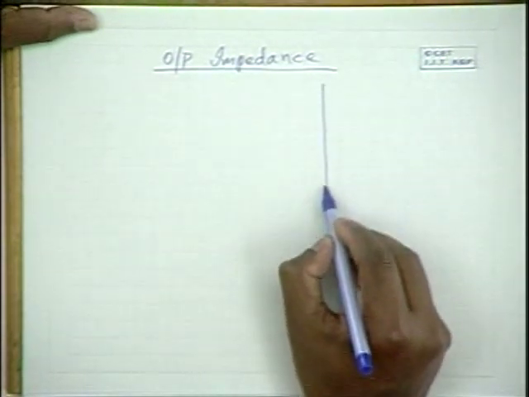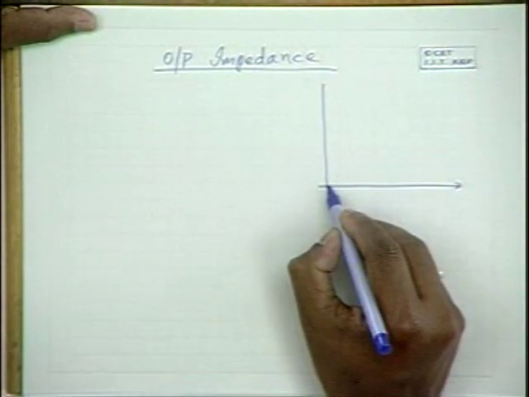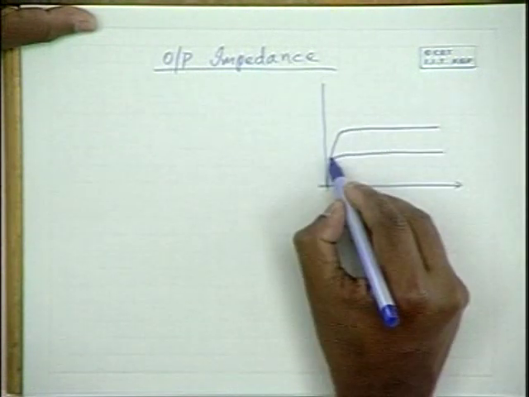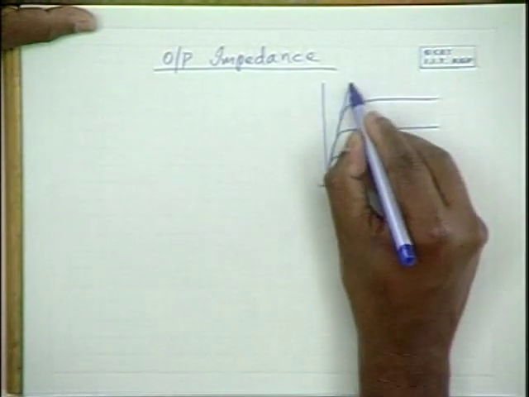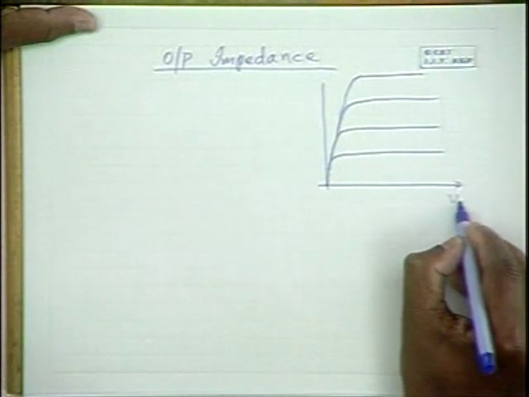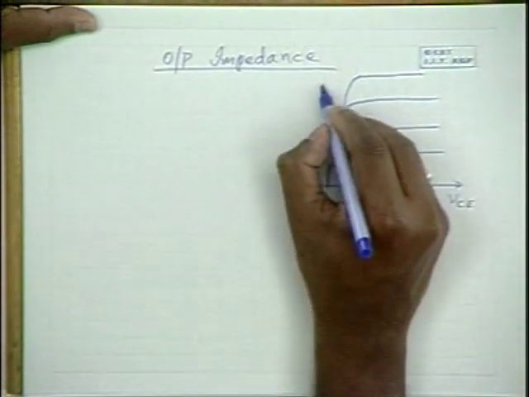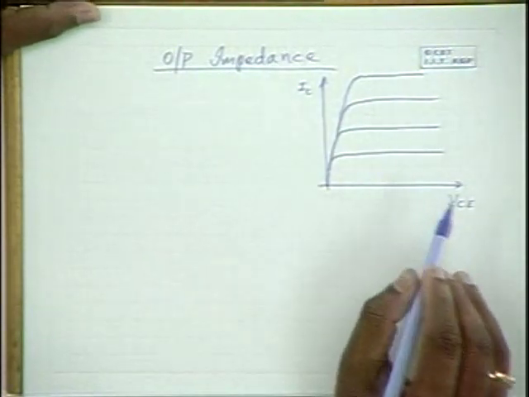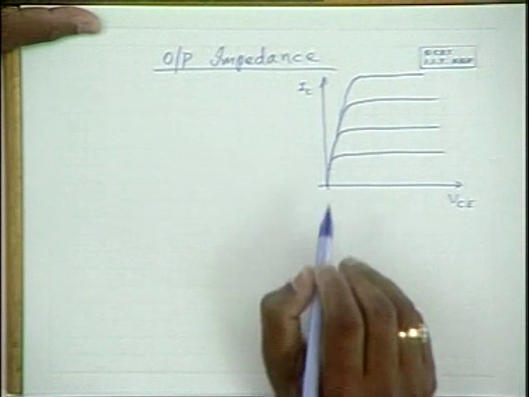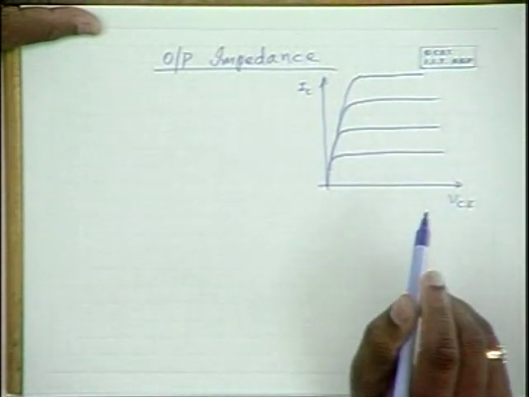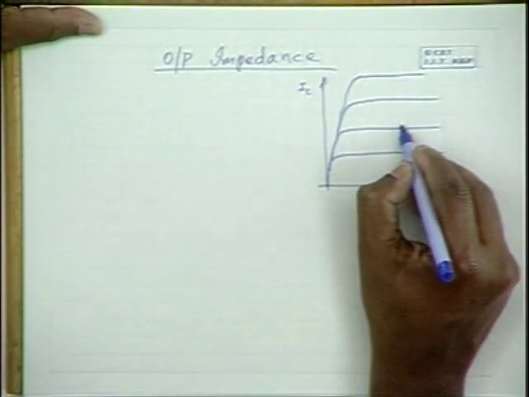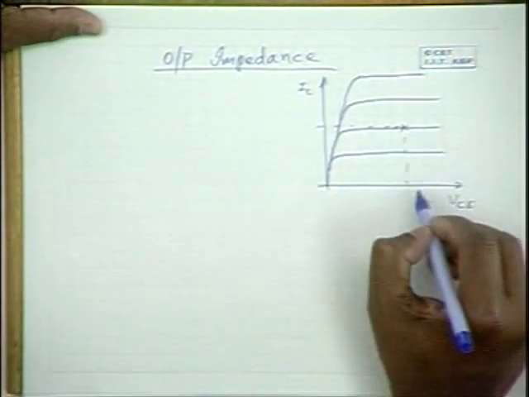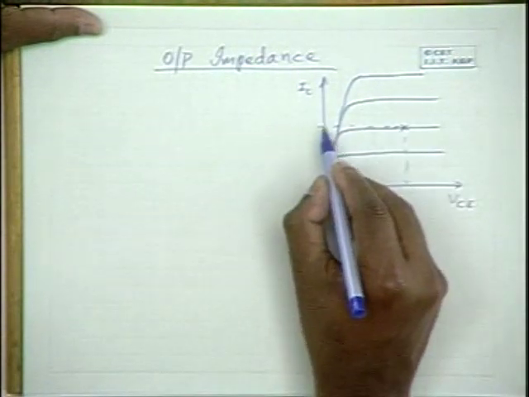Similar to the common base configuration, let us look at the output characteristics. The output characteristics of a transistor in common emitter configuration is the relationship between VCE and IC. So the relationship is like this. And in the active region, say you are operating at this point with this much of VCE and this much of collector current.